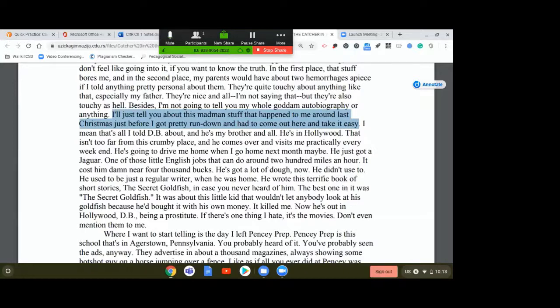So let's look at it. Do we believe his brother is a prostitute? Well, here he says he's a writer and he was writing short stories and he thought he was a good writer, but then he went out to Hollywood and I hate the movies, don't even mention them to me, and my brother is writing for them. So he's just really calling his brother a sellout here. So his brother's not a prostitute.